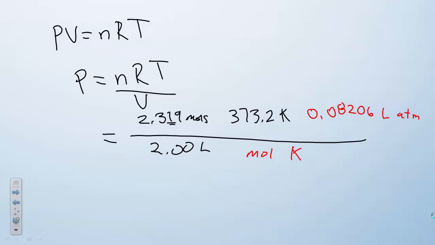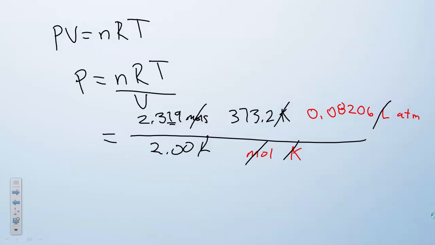I recommend students avoid compound fractions if they can, and in this way you'll see that the units cancel nicely for us. The moles cancel with the moles, the Kelvin cancels, the liters cancel the liters, and that tells us that our answer is going to be in atmospheres.